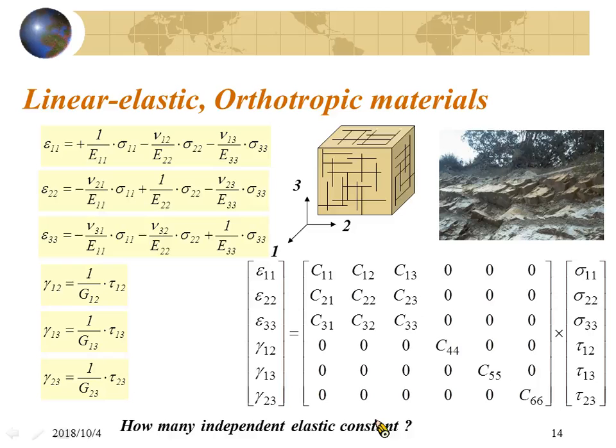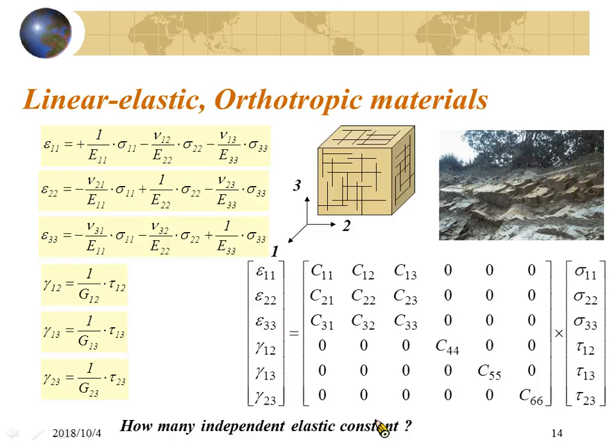And the shear modulus and the shear strain, you will have G12, G13, and G23. It means the constitutive equation in this plane will be different from in this plane, and different from in this plane.